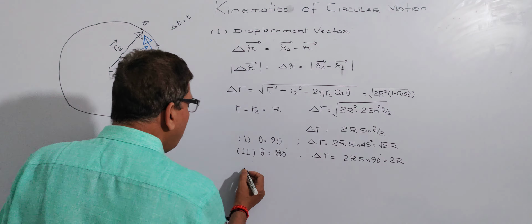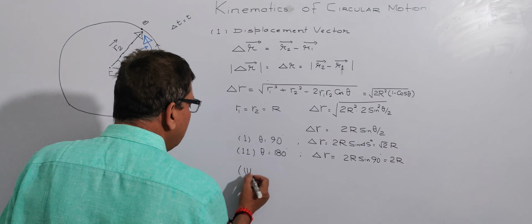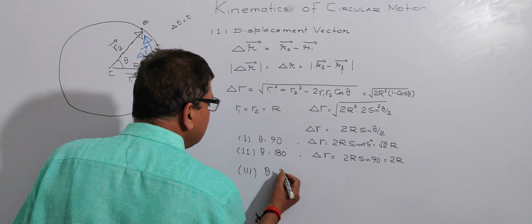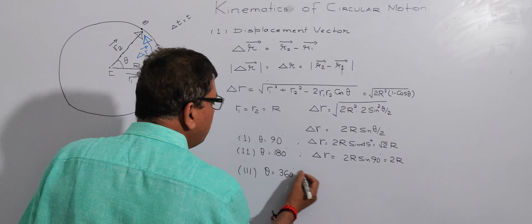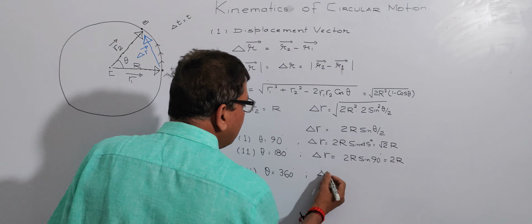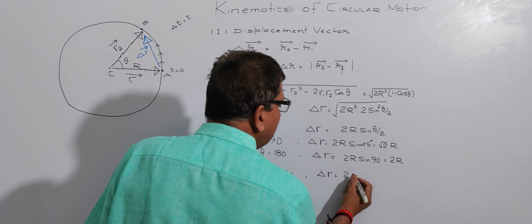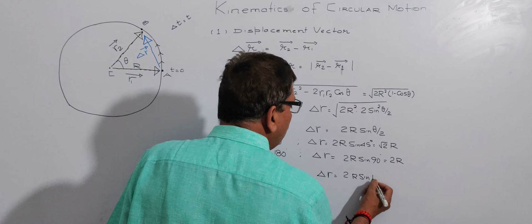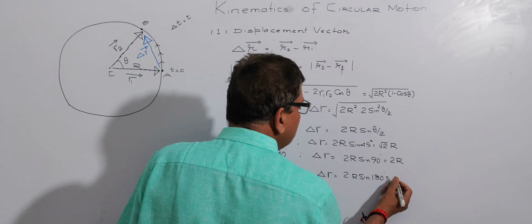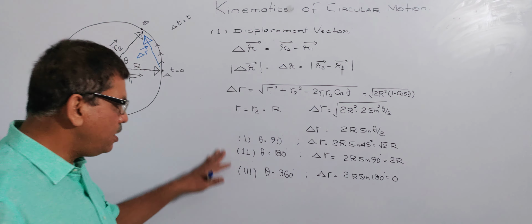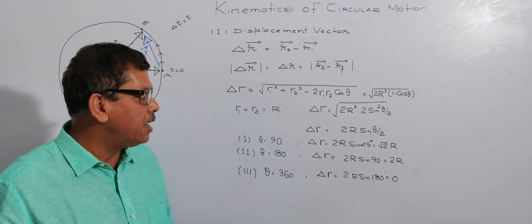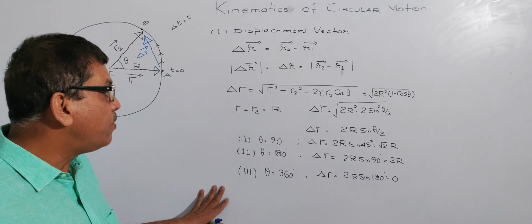Right. Now in the third situation, when theta is 360 degrees, when it makes a complete circle, then it is 2r sine 180 degrees, and this is 0. So in three different situations, you observe the magnitude of the displacement vector.